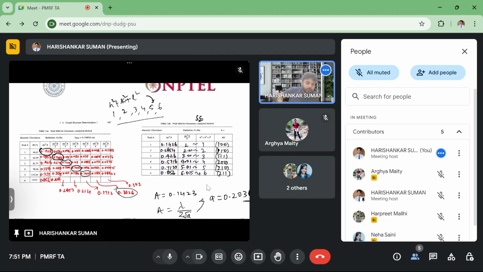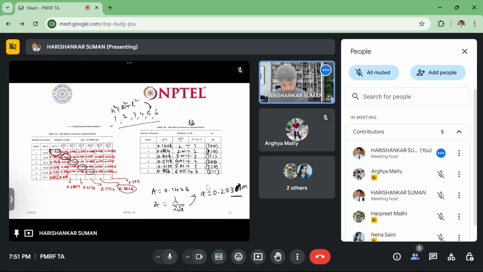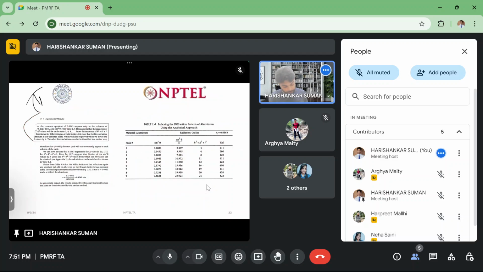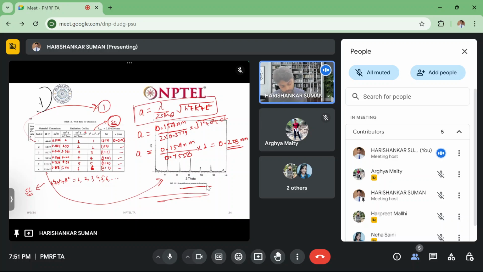So these are the two methods. This is the second method. This is the first method. You can get the knowledge about the crystal lattice parameter and type of simple cubic, face center or body center.